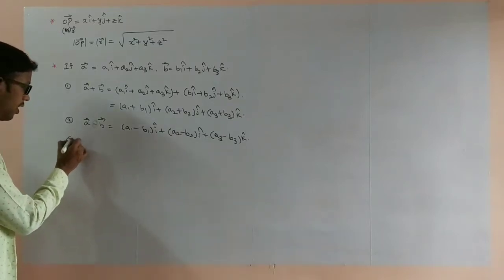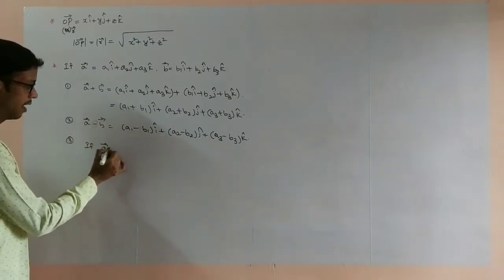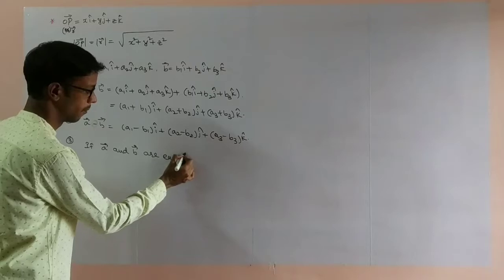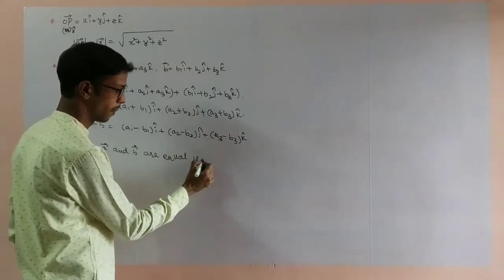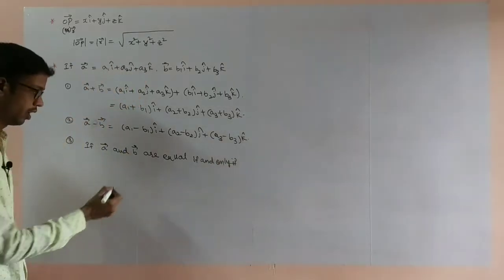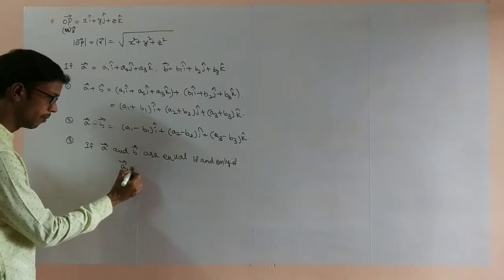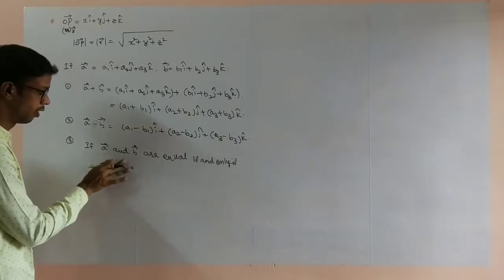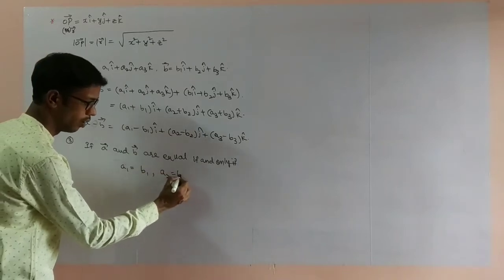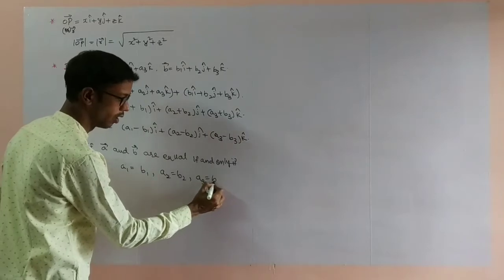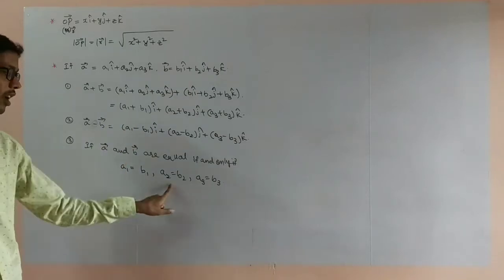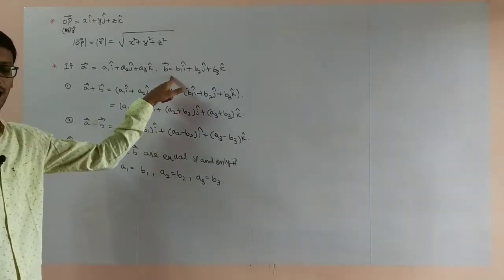Next, number 3: A bar and B bar are equal if and only if A1 is equal to B1, A2 is equal to B2, A3 is equal to B3. Only then are the two vectors equal, when corresponding elements are equal.